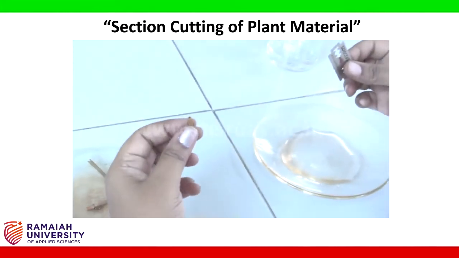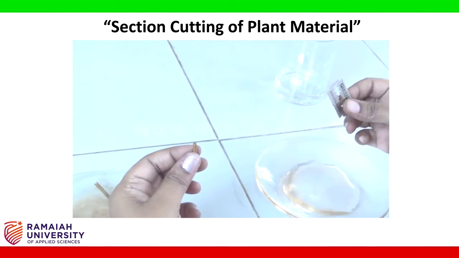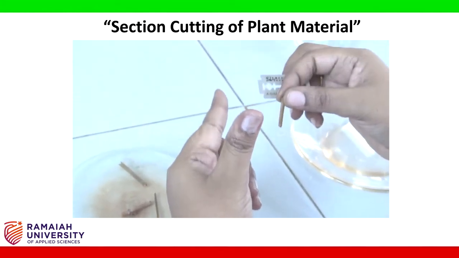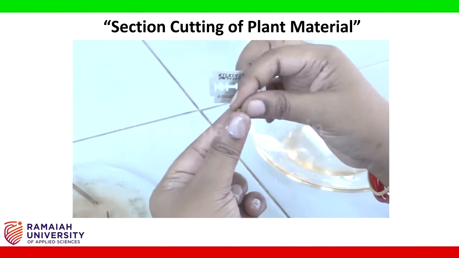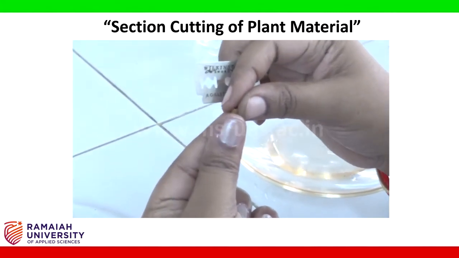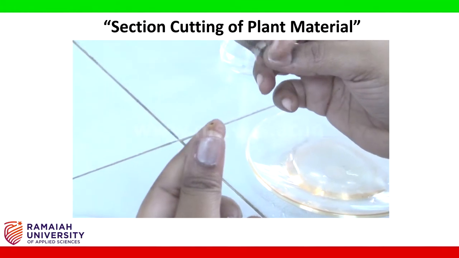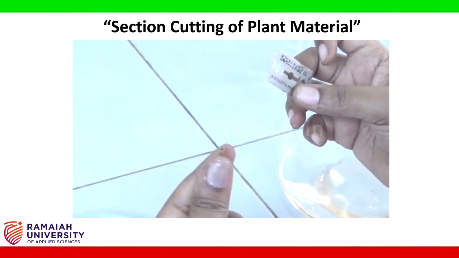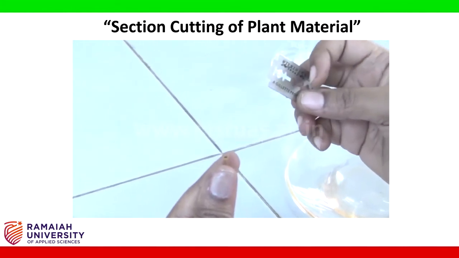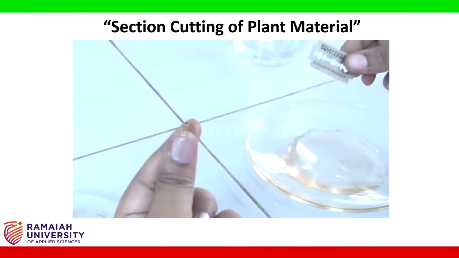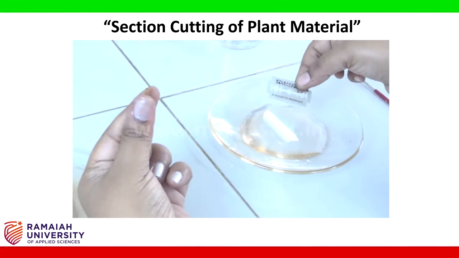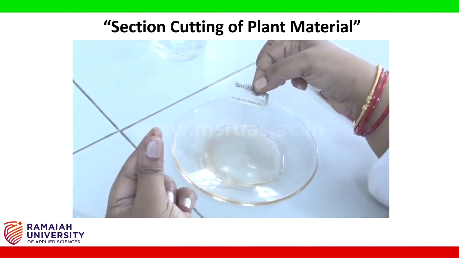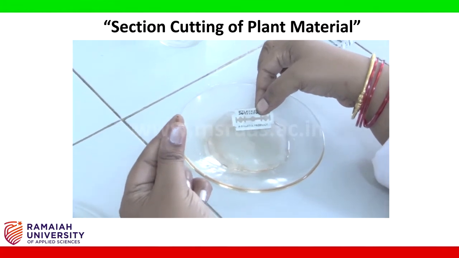Now for sectioning, the material should be held between the thumb and index finger. So hold the material between the thumb and the index finger firmly and gently. We should not press the material. Now each time when we take section, both the material and the razor should be dipped in water.